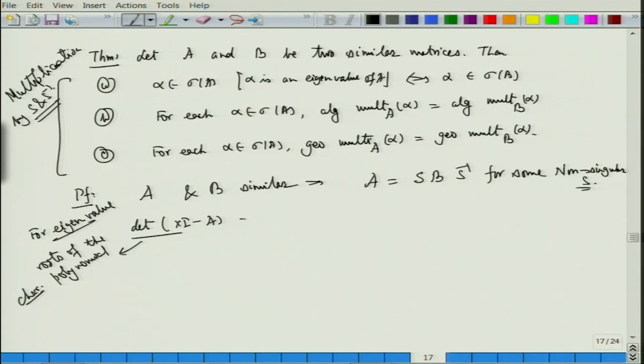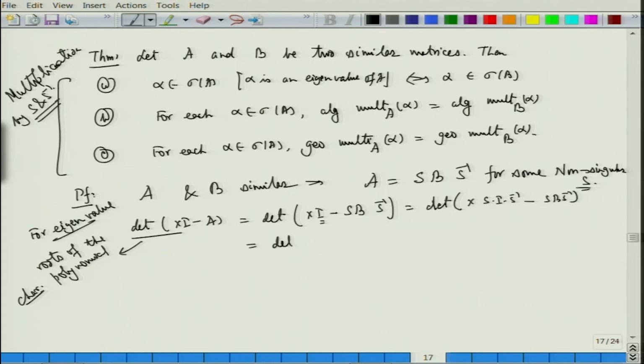This is the same as the determinant of xI minus S B S inverse, which is the same as the determinant of S (xI) S inverse minus S B S inverse.